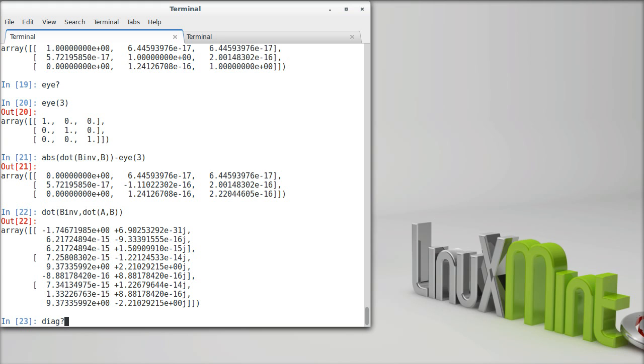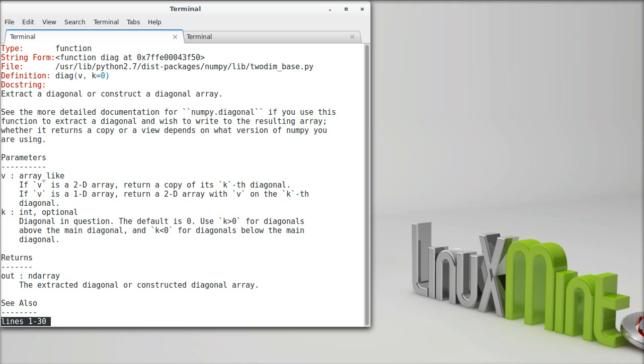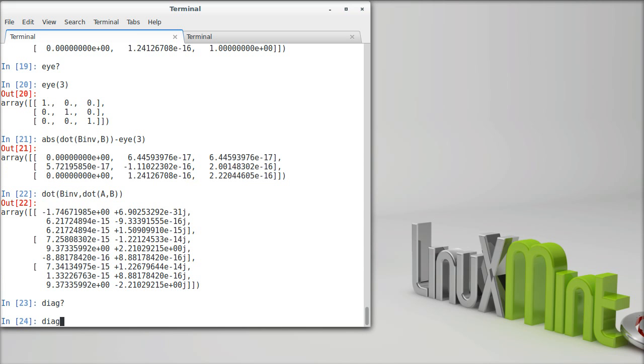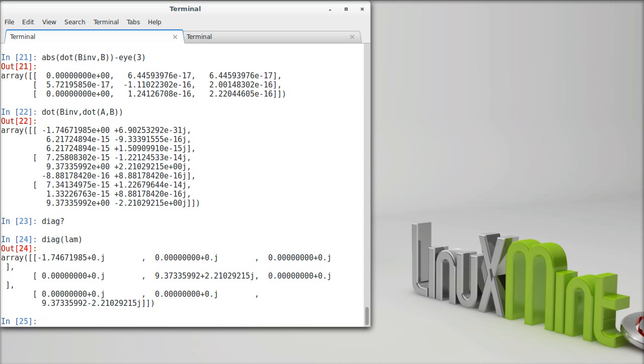Well, once again, there's something that does it for us, diag. Diag either extracts the diagonal if we feed it a matrix, or it constructs a diagonal matrix if we feed it just a one-dimensional array. So in other words, if we feed it the eigenvalues, what do you know? It constructs a diagonal matrix with the eigenvalues along the diagonal. And so this means I can do a similar thing.